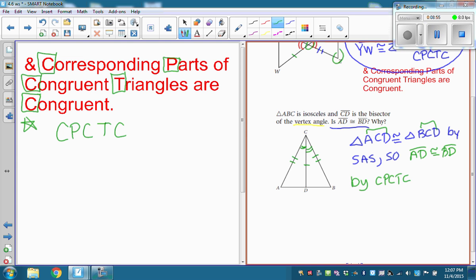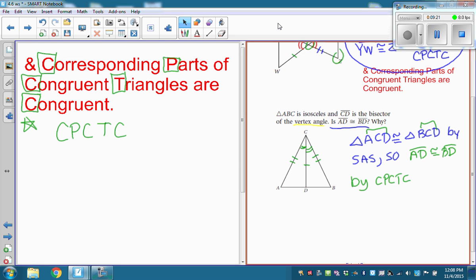Yeah, Ethan. If it's a bisector and this is an isosceles triangle, could you decide that from something congruent without having to do all that? So, you can't assume anything anymore. You can logically reason that because this is an angle bisector in an isosceles triangle, D is also a midpoint, and AD is congruent to DB, and also there's all these other things, but that would become a proof.